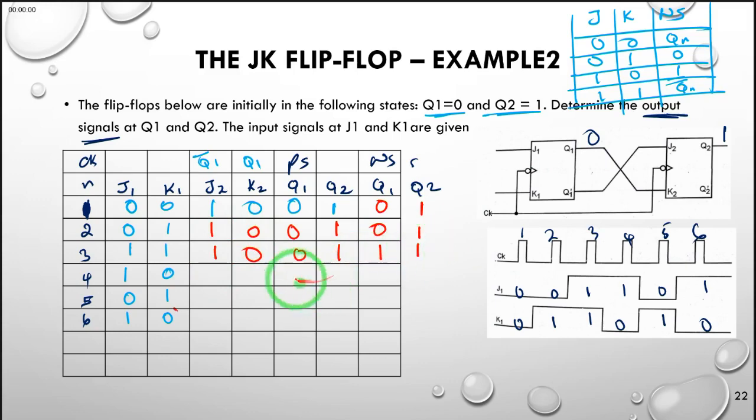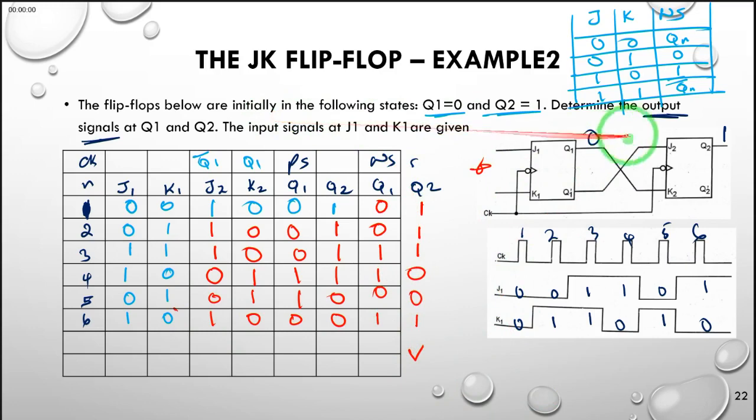We bring this 1, 1 here, and we say this is a 1, this is a 0, because it is Q1 bar, and then 1, 0 will give us a 1, and 0, 1 will give us a 0, 0, 1, 0 comes here, and this cycle continues. Even before we move to the next point, we can just fill this to find that it is going to be 0, 0, 1. So this becomes our state table for this arrangement of flip-flops.